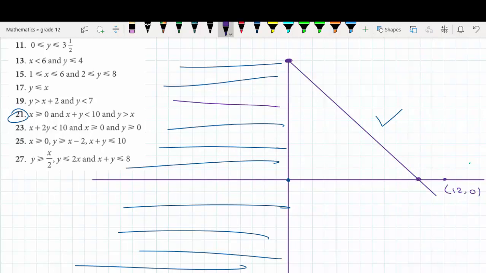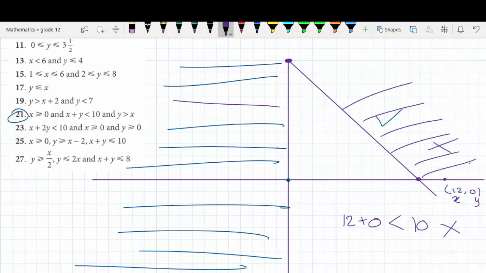If we put 12 in place of x and 0 in place of y, will we get something less than 10? 12 plus 0 is it less than 10? No. So this region is the unwanted one, and we shade this. Now what's remaining is only between these two lines that we drew.